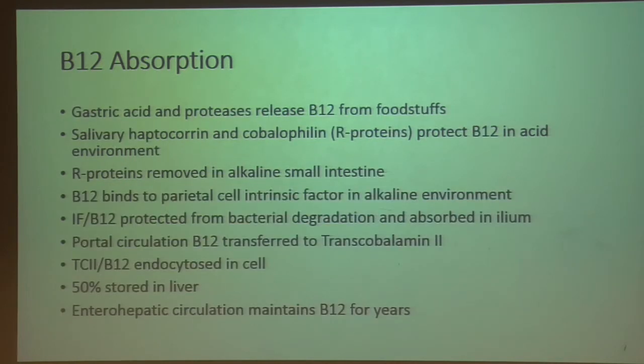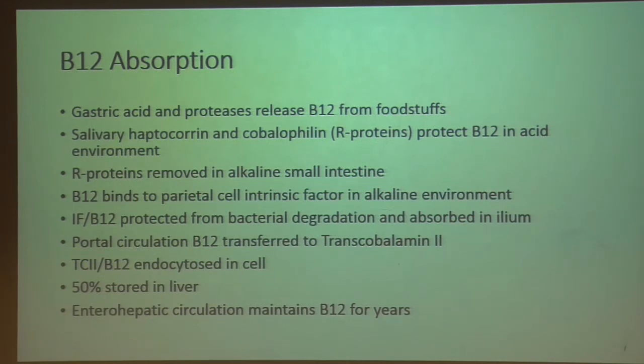Okay, so how do we absorb B12? Well, we take in foods like the list that I showed you that contain B12. And in our stomach, gastric acid and proteases release B12 from foodstuffs. Now, B12 needs to be stabilized in an acid environment, and it's stabilized by R proteins, not by intrinsic factor, but by R proteins in the stomach.